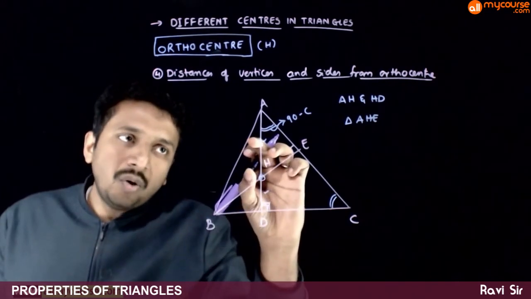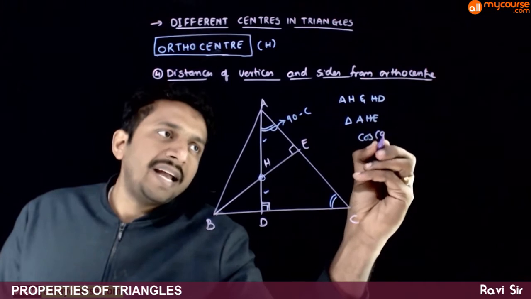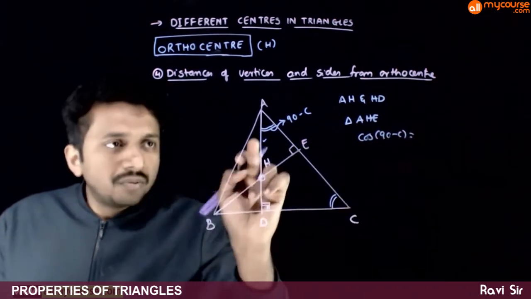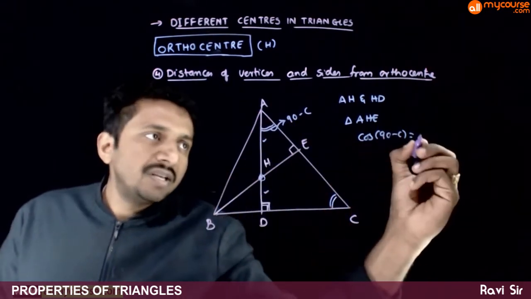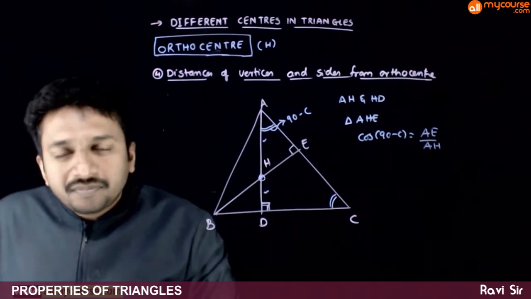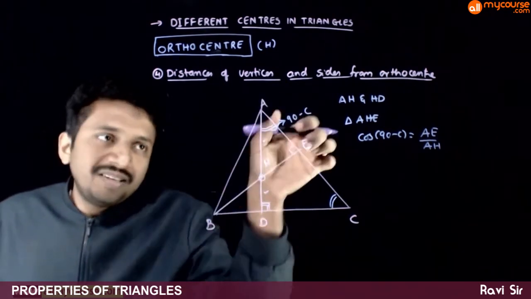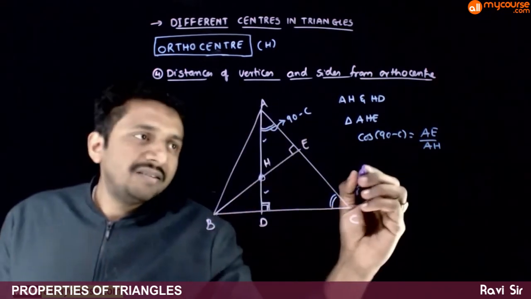If you want to get to AH, let us take cos of 90 minus C. Cos theta is equal to adjacent side by hypotenuse, AE by AH, right? Now what is AE? AE can be found out from the triangle BEA.